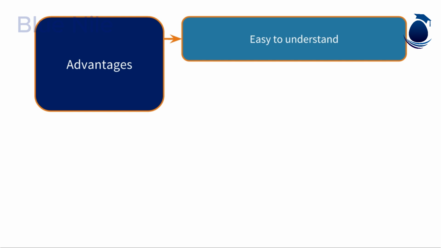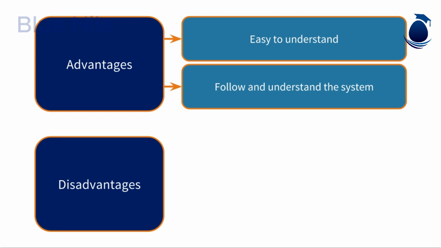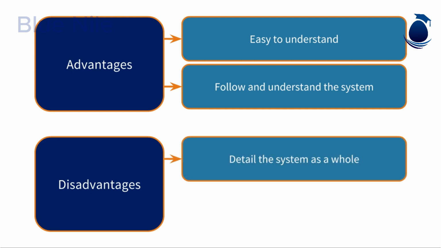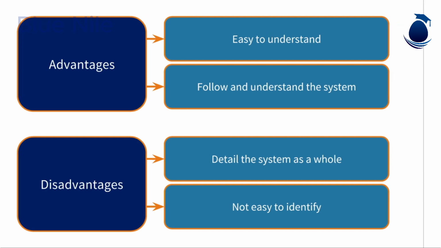Internal audit team members at all levels should be able to follow and understand the system with this method. A disadvantage would be that, while they detail the system as a whole, it is not easy to identify from these detailed notes where the control deficiencies are.